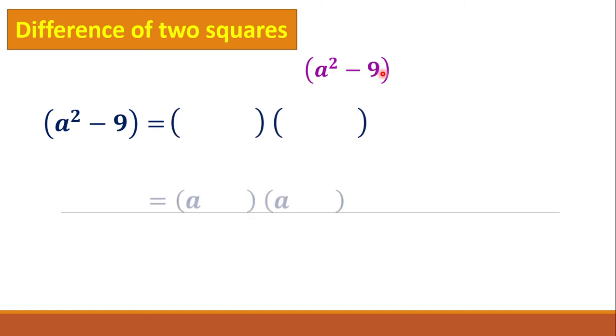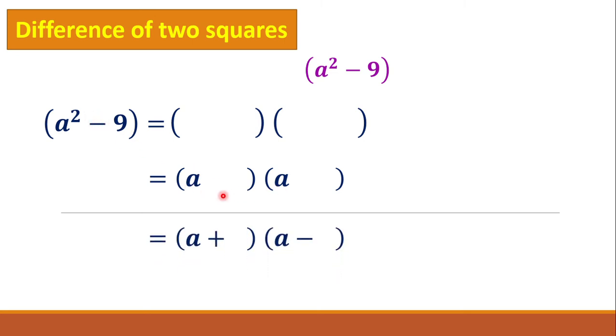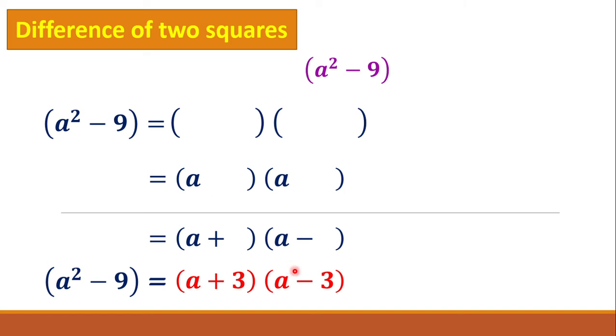So, we have a and a. So, this is a negative, so magiging isang positive at isang negative, di ba? Then, after nun, a plus 3, a minus 3. So, this will be your final answer.